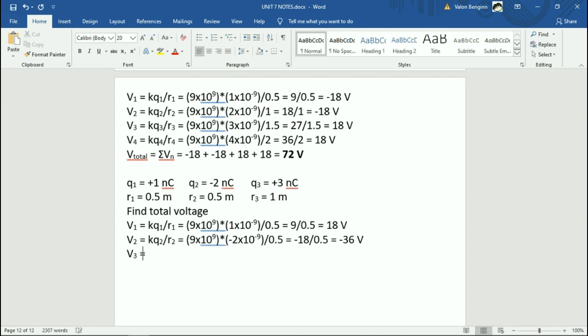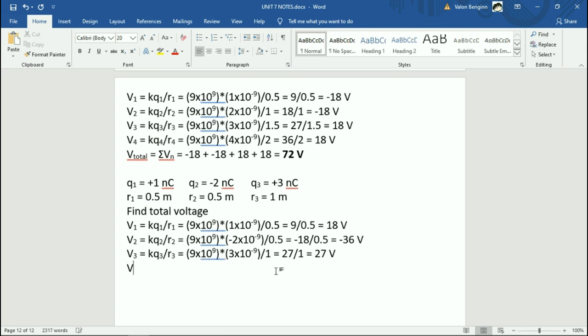And V3, oops, wrong thing. Okay. Now we have 3 times 10 to the -9 divided by 1. So again, the exponents cancel, so we have 9 times 3 is 27 divided by 1, so we have 27 volts.